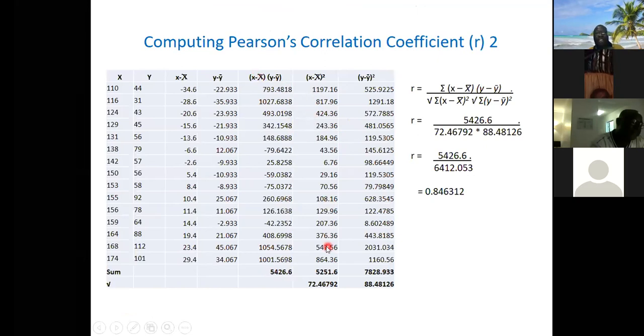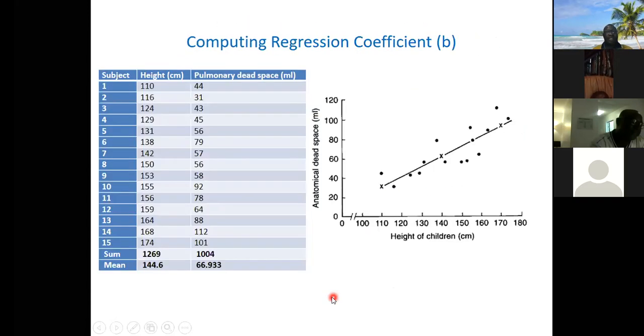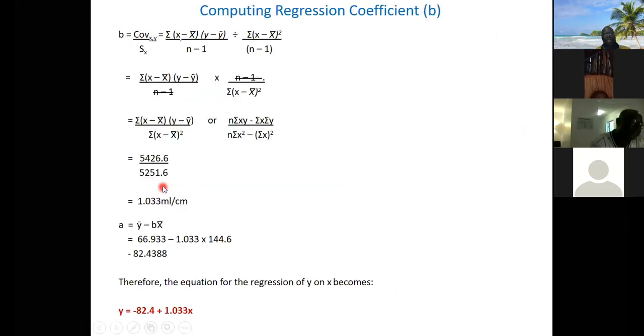Then the denominator is x minus x bar squared, without the square root, which is 5251.6. So 5426.6 divided by 5251.6, that is our regression coefficient.